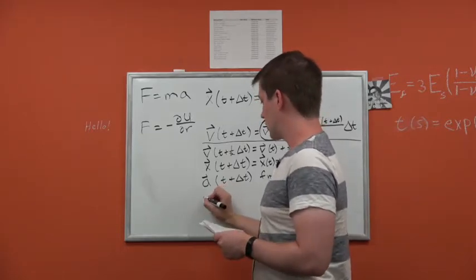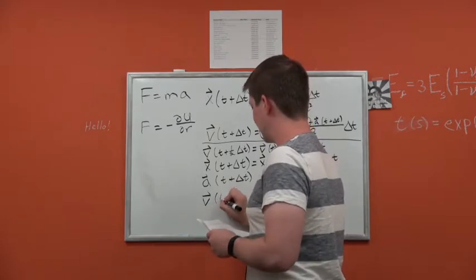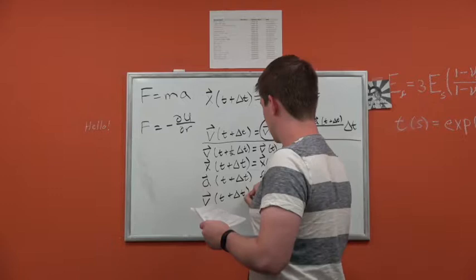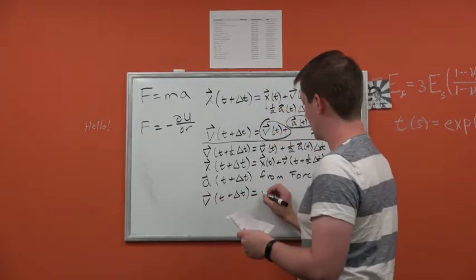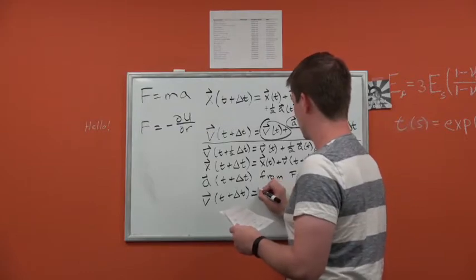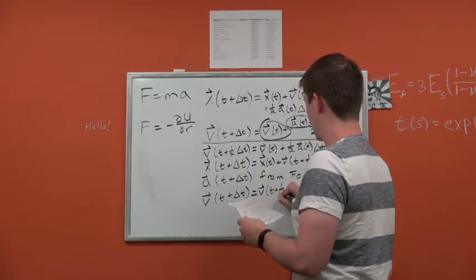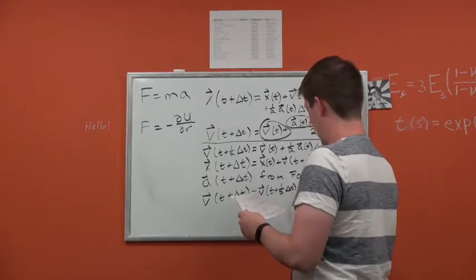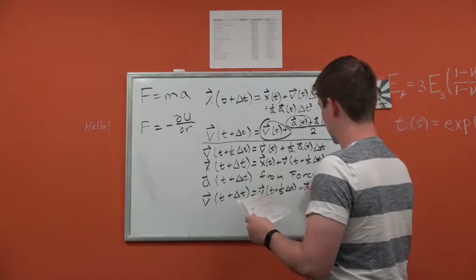And then finally, we're going to fully update our velocities to t plus delta t. We do that by taking our half updated velocity and adding on our updated accelerations.